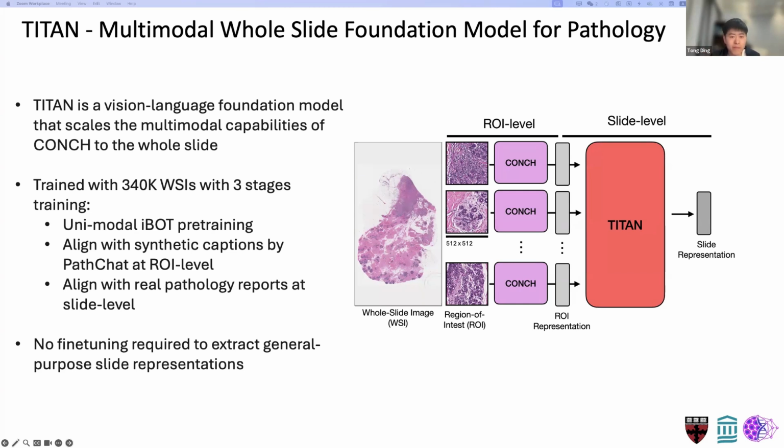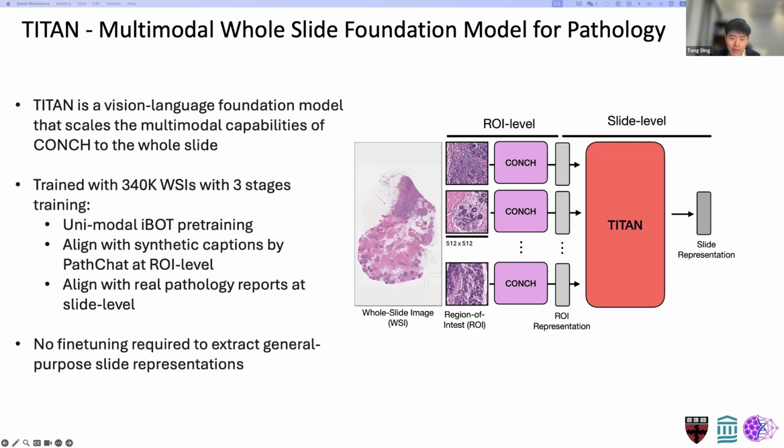Here we use two stages of language alignment. The first one is aligning with synthetic captions by PathChat, our multimodal AI copilot for pathology built in our lab, followed by alignment with the real pathology reports at slide level. And at the end, no fine-tuning is required to extract general purpose slide representations.